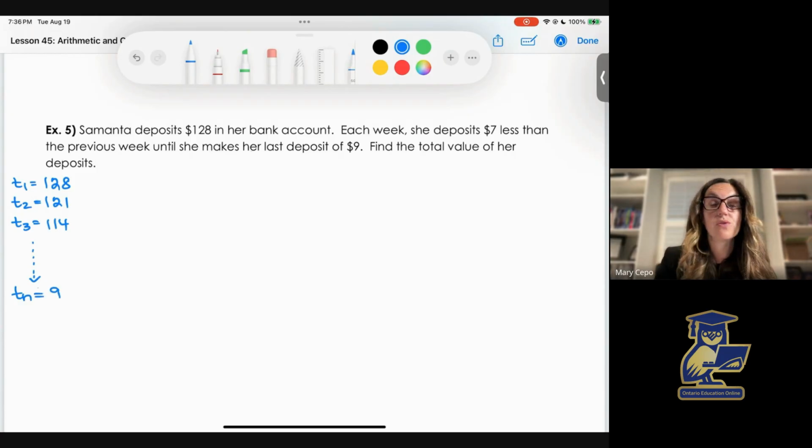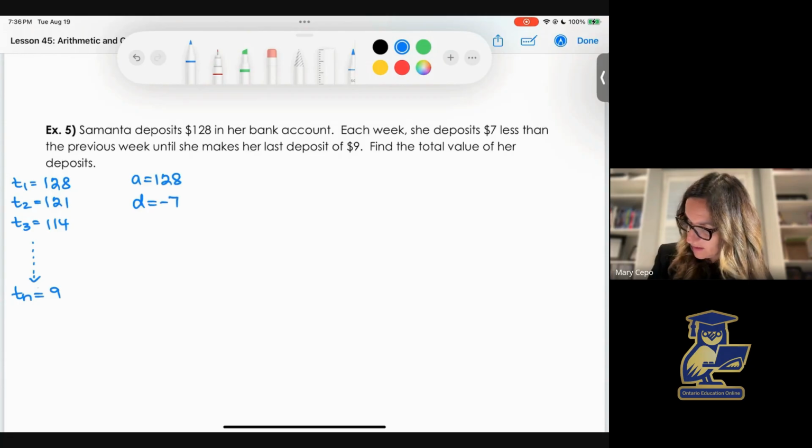Okay, so we want to find the total of all her deposits. Well, we want to know how many deposits were actually made. We don't know that. We don't know n. So we are given that a is equal to 128, d is equal to negative 7, and t sub n is equal to 9. We can use this information to determine how many deposits were made.